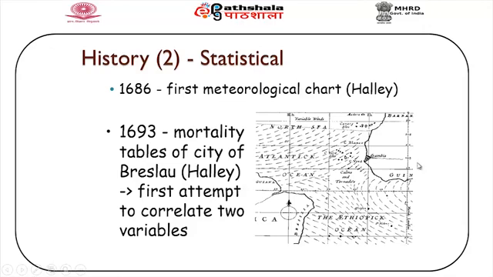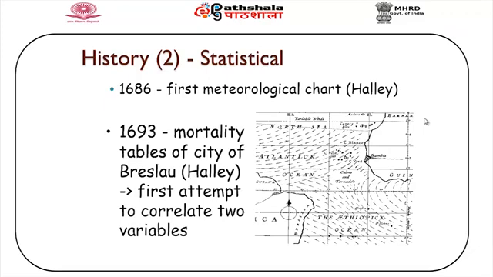This Halley's chart shows meteorological information, like the kind of winds that flow across a certain region. The trade winds and other winds that flow across a region are shown in this figure in the form of a visual structure. So this came into existence in the year 1686.